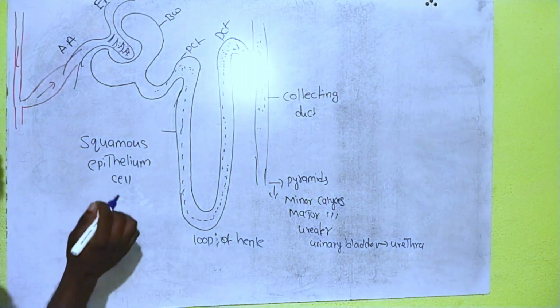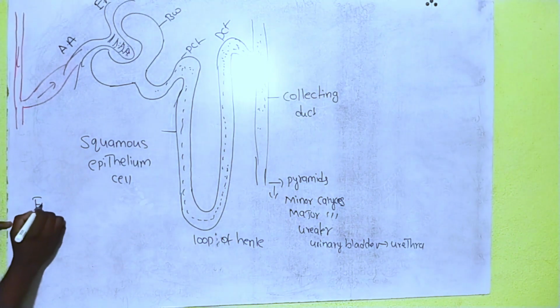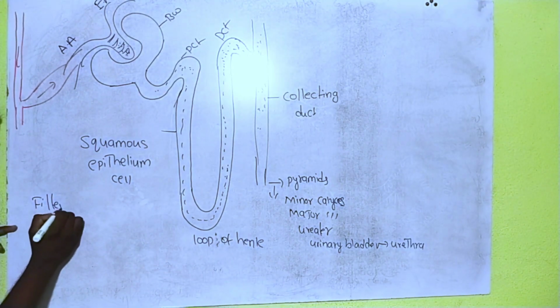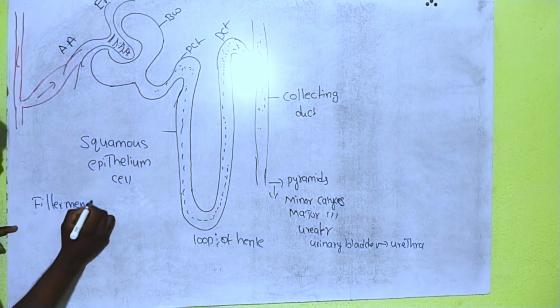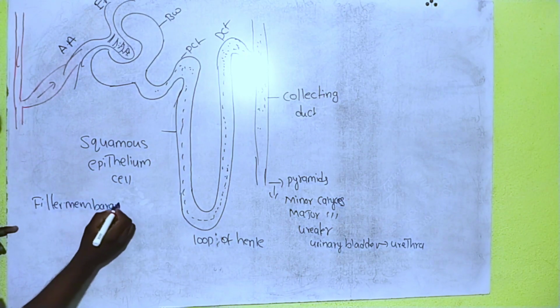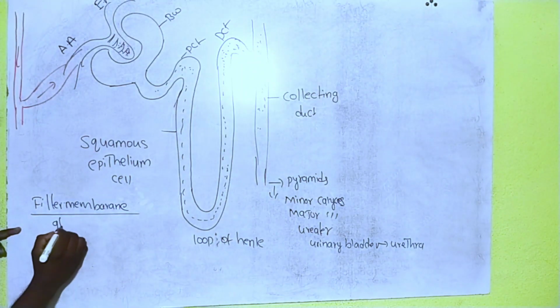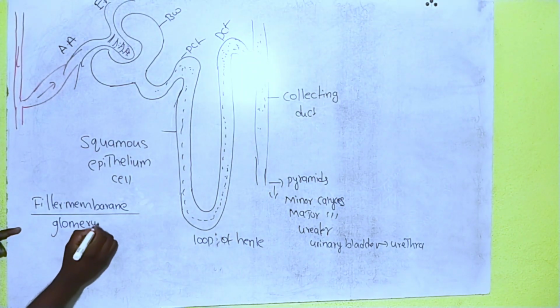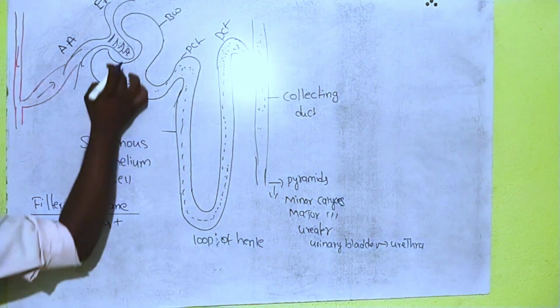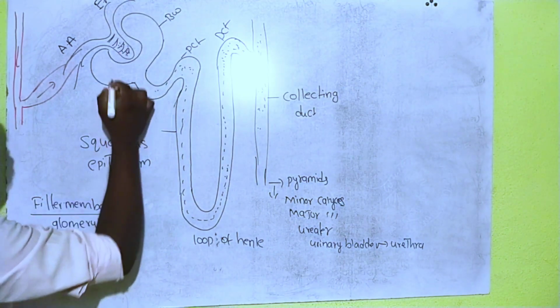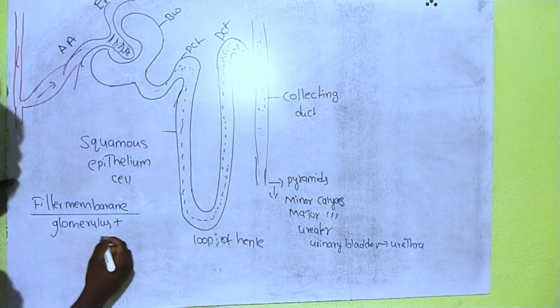Now one important topic is the filtration membrane. Filter membrane means glomerulus plus the podocytes. Yes or no? Podocytes are in between the slit pores.